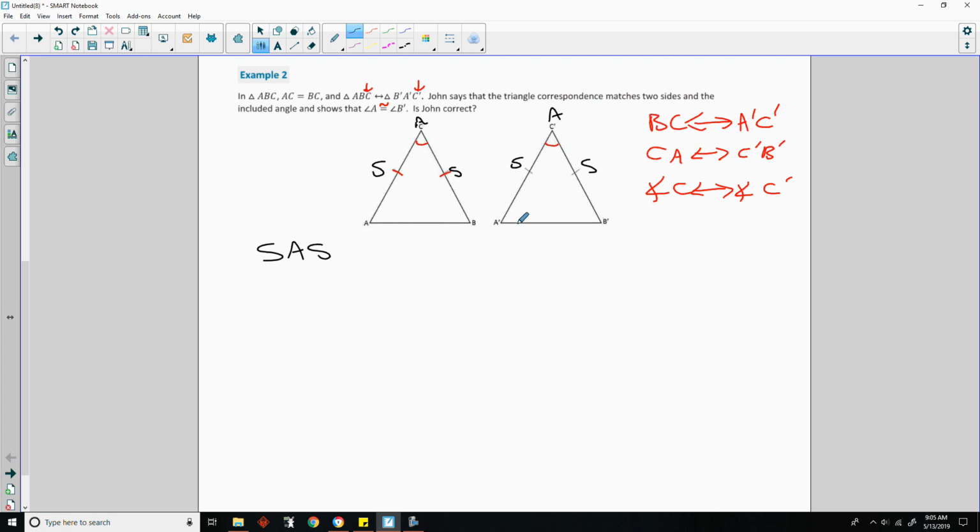Two sides and an included angle. From the correspondence, we can conclude, since the two triangles are congruent by side, angle, side, then the corresponding parts of congruent triangles are congruent. So now I can say angle A, which is the first letter in our name, is congruent to angle B prime.